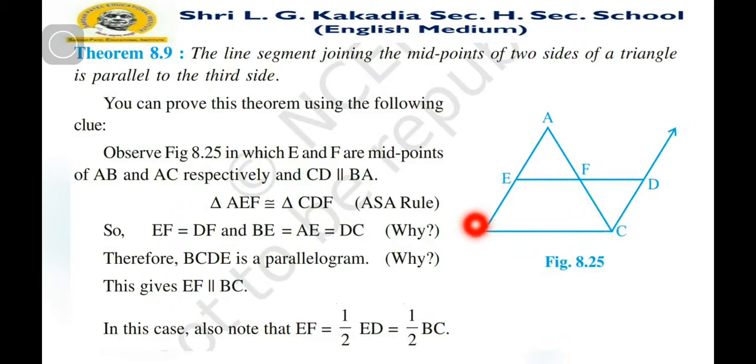Because BA and CD are parallel, angles BAC and DCA are equal, being alternate angles.